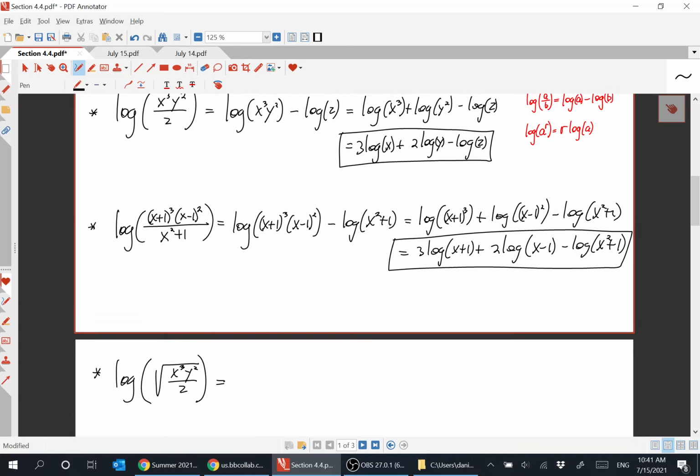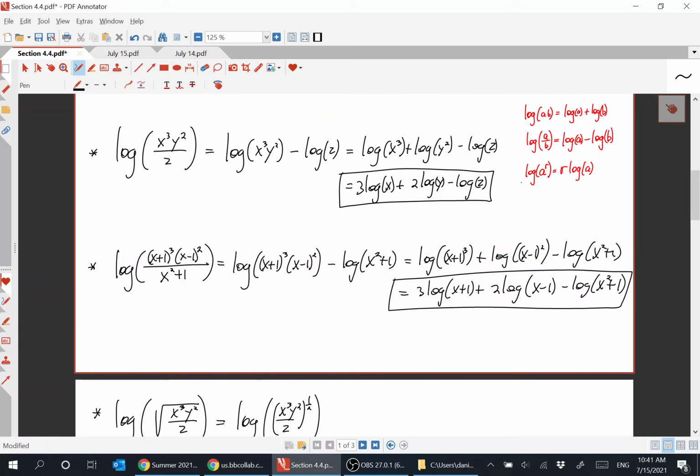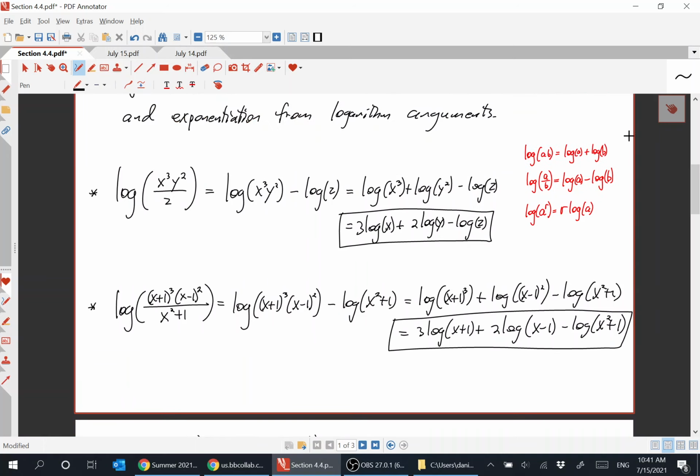Well, that whole square root thing there, right? That whole square root is essentially this expression, x to the third, y squared over z, to the 1/2 power. So now using this one again, so let's bring this with us.